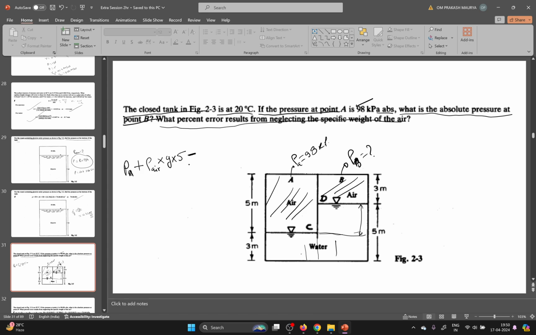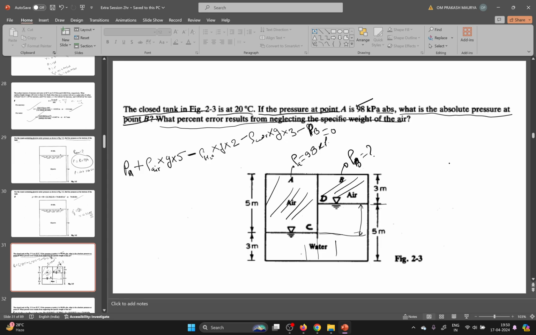Minus, in the upward direction we take the minus: minus rho of water H2O into g into the height, this height is 5 and up to this it will be only 2, and for the air, minus rho air into g into 3 meter, minus pressure at B. Pressure at B is equal to 0.